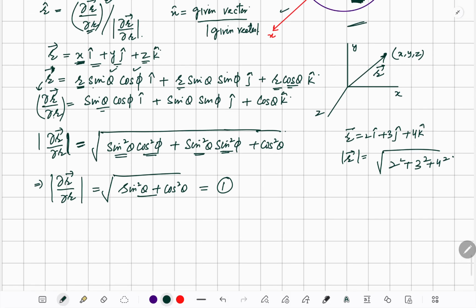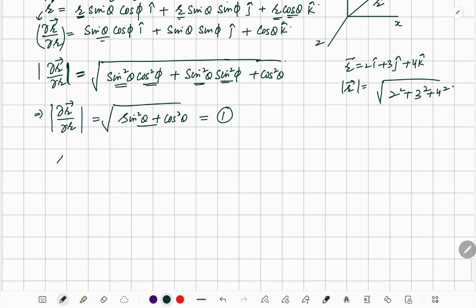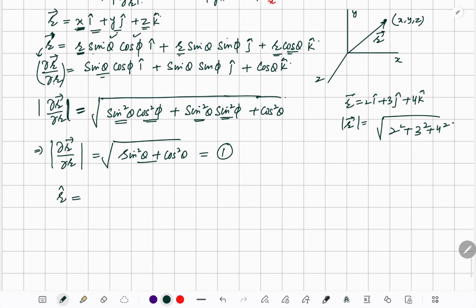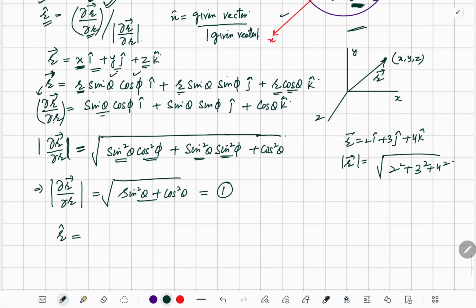So I am able to write the unit vector r cap. R cap is given by dou r by dou r, and then dividing by the magnitude, which is 1.